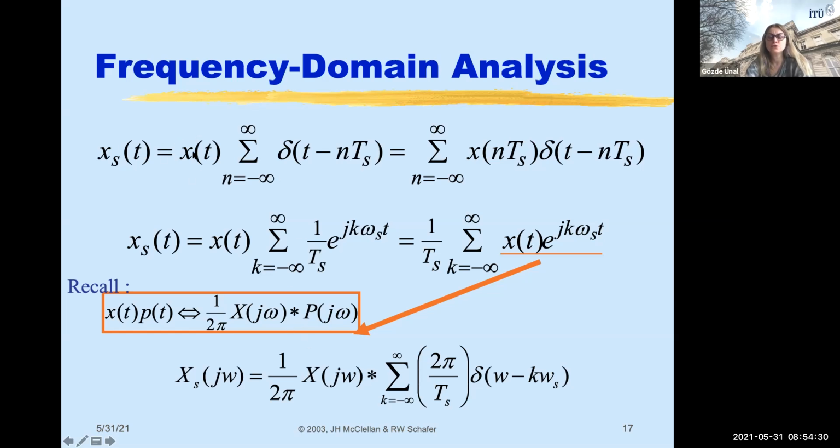We try to find the Fourier representation of x sub s of t. It's a product of x of t and the periodic impulse train. Remember, multiplication in the time domain is convolution in the frequency domain. Take any signal to be sampled, x of t; its Fourier transform will be shifted by these impulses because it's a convolution.